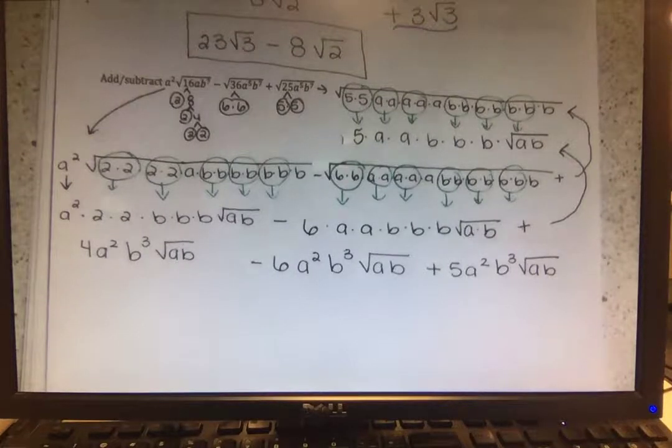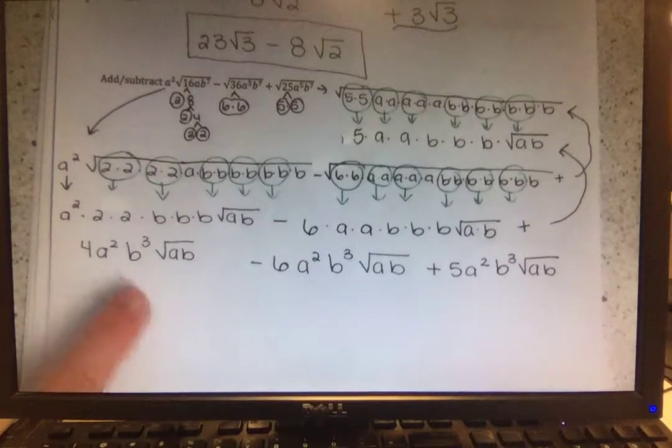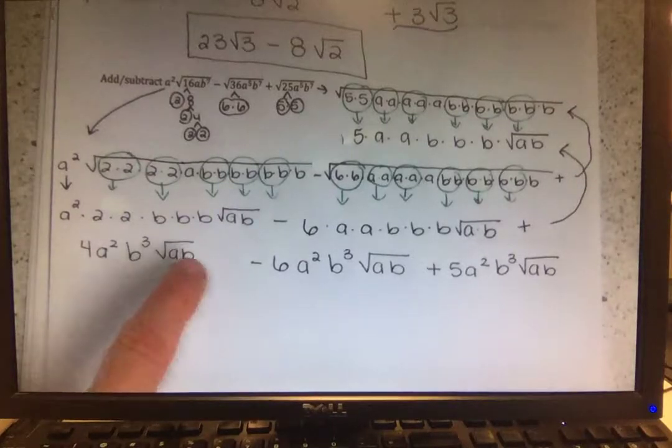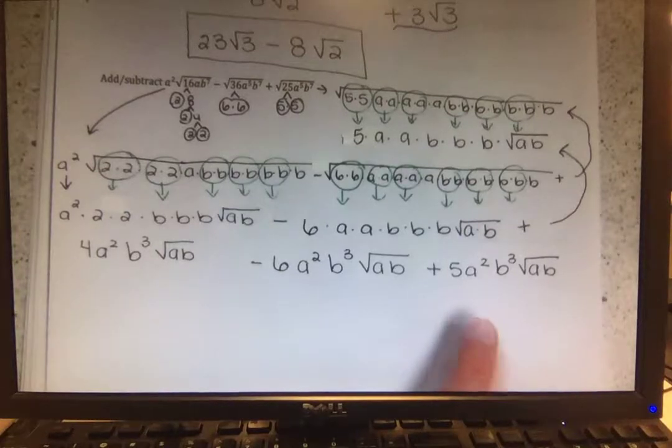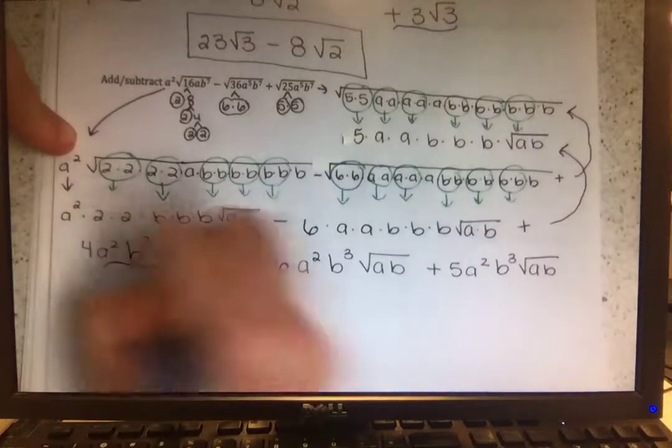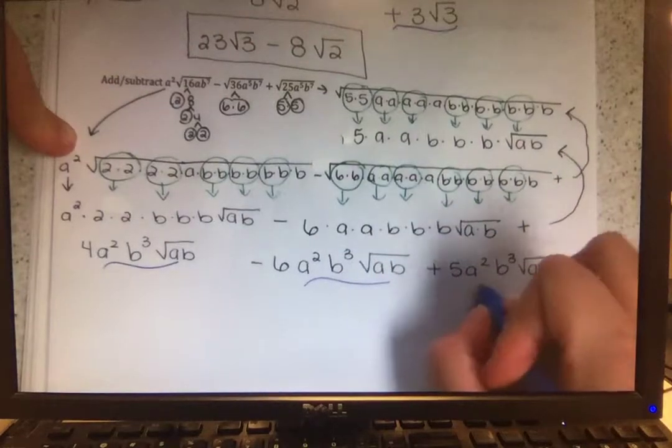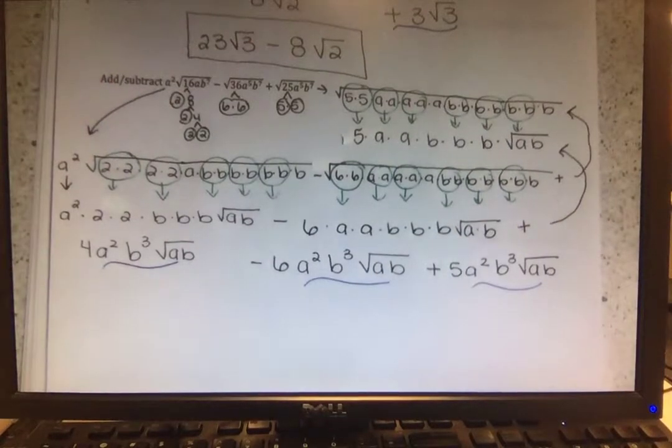So now that we have them all completely simplified, we have 4a squared b cubed square root of ab minus 6a squared b cubed square root of ab plus 5a squared b cubed square root of ab. So if you notice, they are all a squared b cubed square root of ab. So that means they are all like terms.